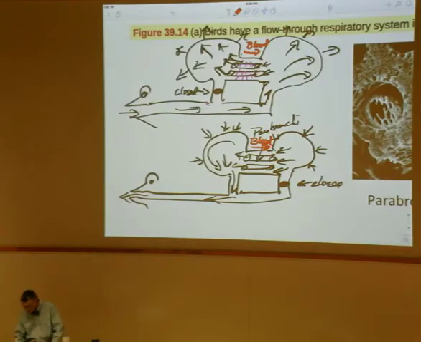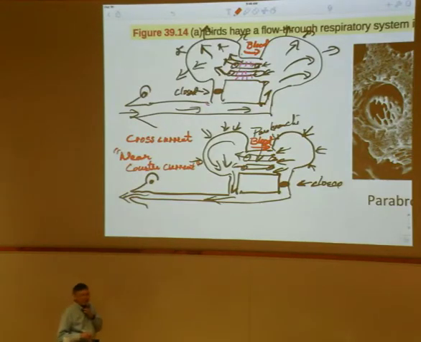It's often called cross current. I tend to call it near countercurrent. And so a bird can get partial pressures of oxygen in its blood that are 30, 40, 50 millimeters of mercury higher than you can. That means they can get more oxygen out of the air.